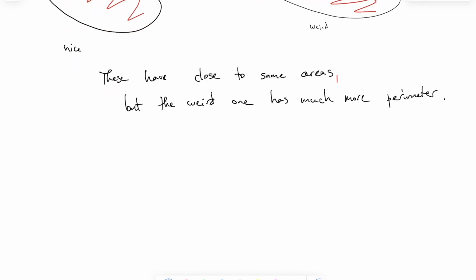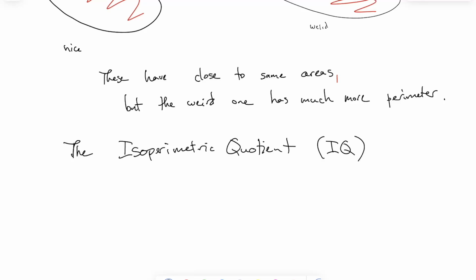So the isoperimetric quotient, from now on I'm just going to write IQ for isoperimetric quotient, is basically, this is not entirely true, there are some technicalities that I want to talk about, but it is basically area divided by perimeter.